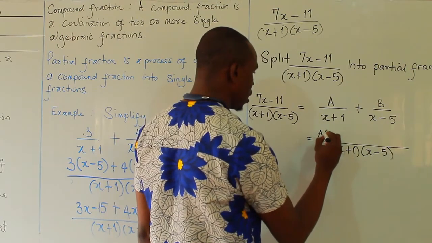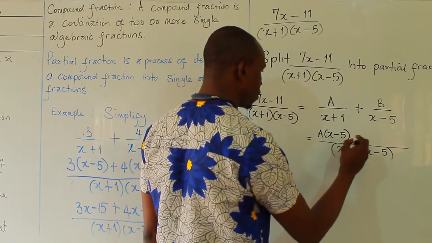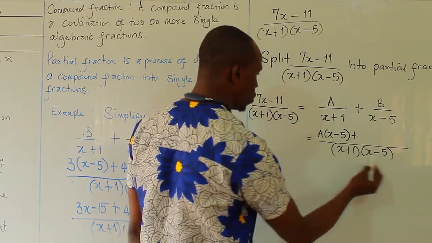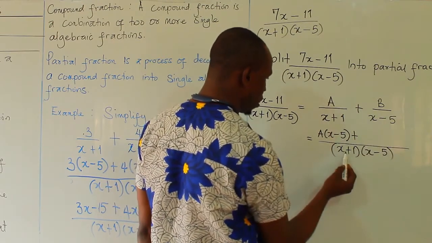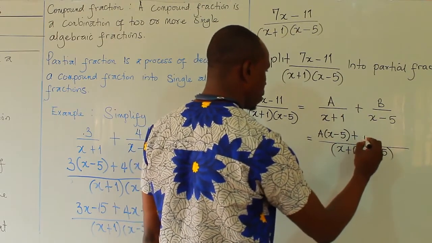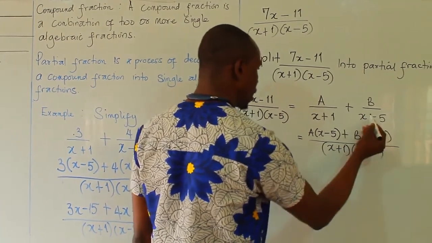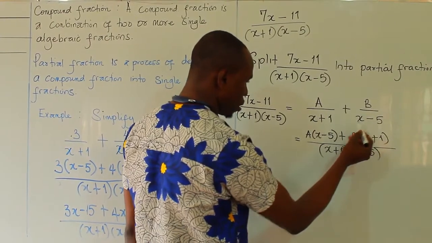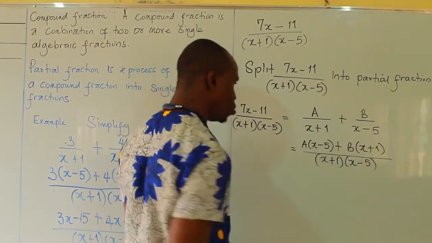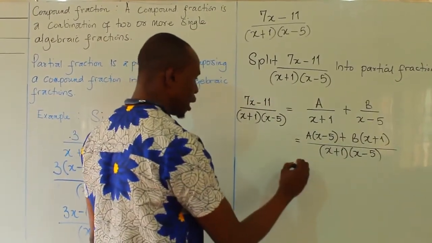I'll have it as a times x minus 5, plus this will divide this as well, and I'll be left with x plus 1. Then I'll have b times x plus 1, knowing that when this divides the denominator, the remainder multiplies the numerator.